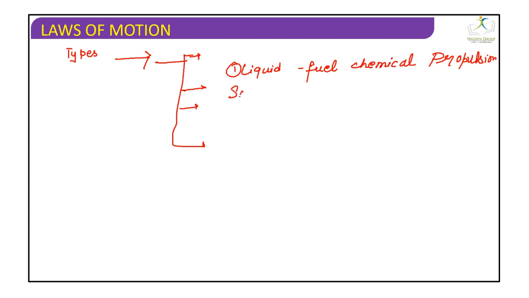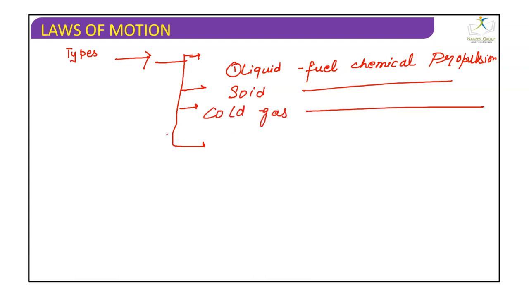Second, solid fuel chemical propulsion. Third is cold gas chemical propulsion. And the last one is ion.